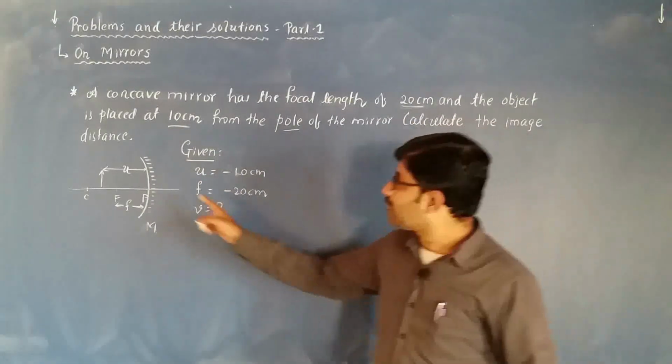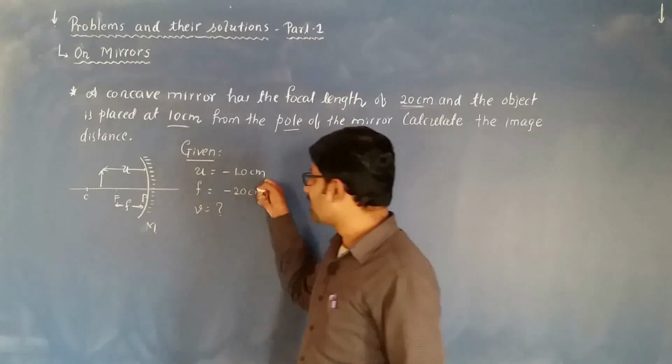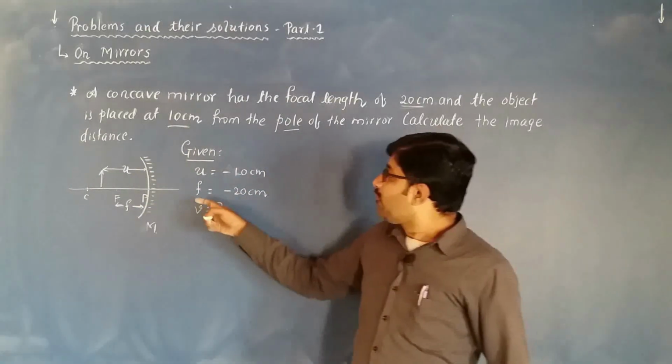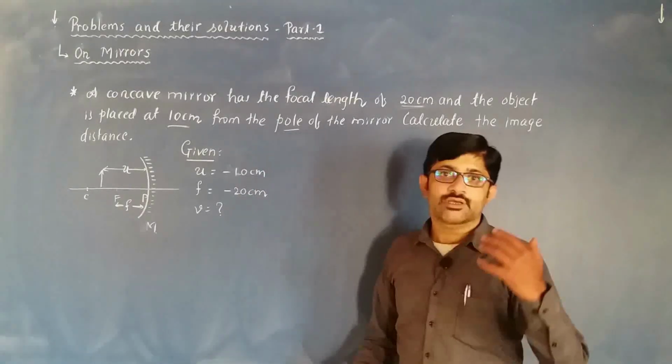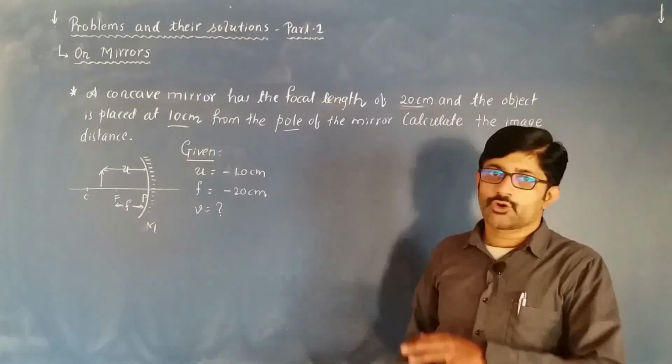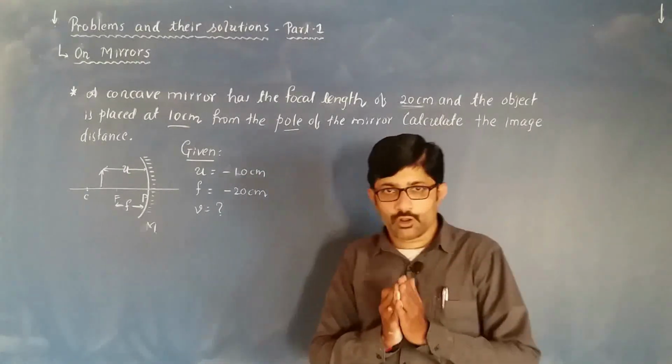So here the object is on the left hand side and hence is taken as negative, and the focal length of a concave mirror is negative because that is also on the left hand side of the origin or the pole of the mirror.